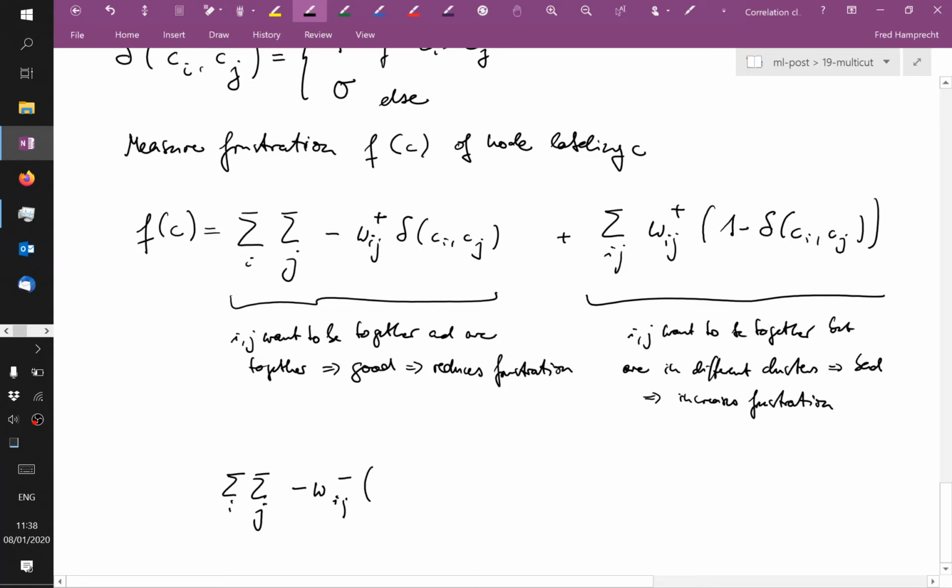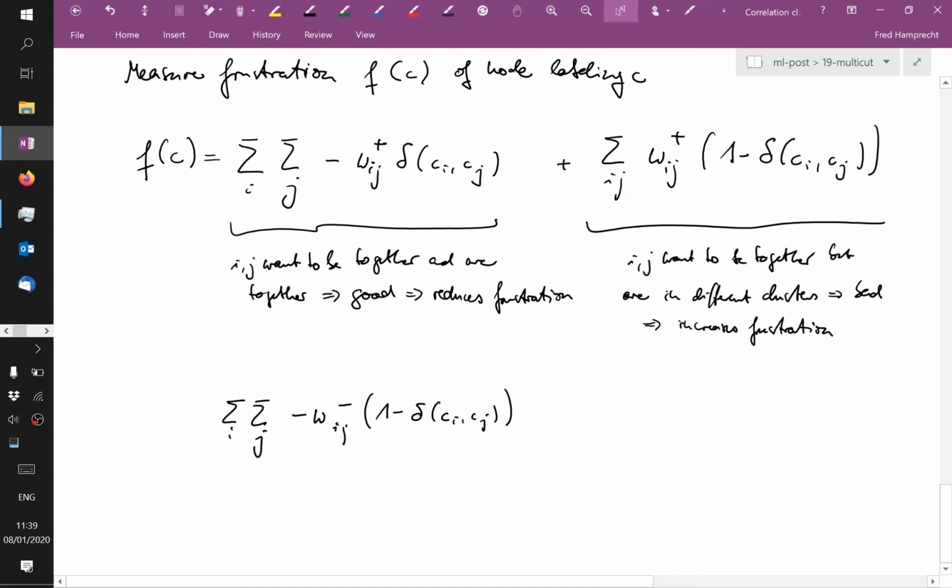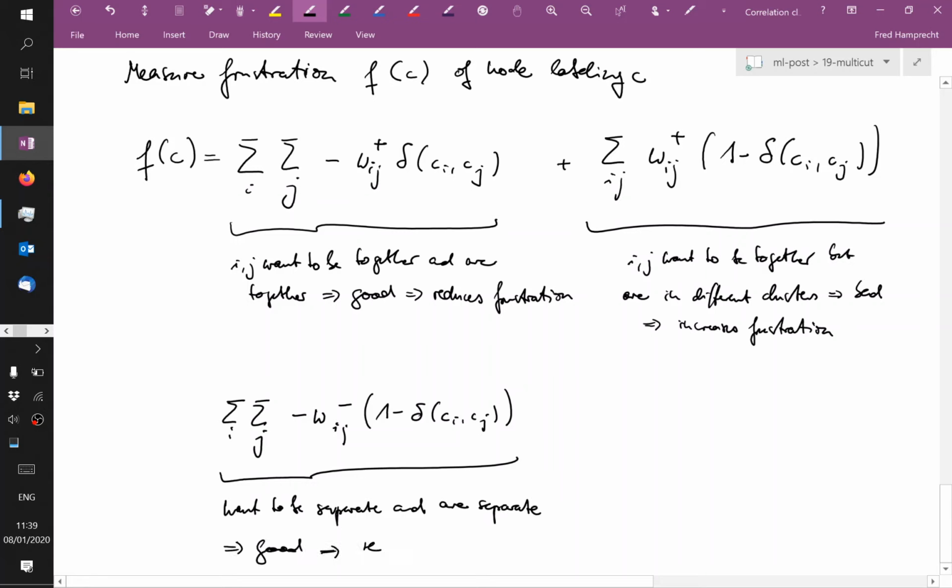And I'm looking here at i and j, which indeed are in different clusters. So here, they want to be separate, and they are separate. Again, this is good. Again, this reduces frustration.